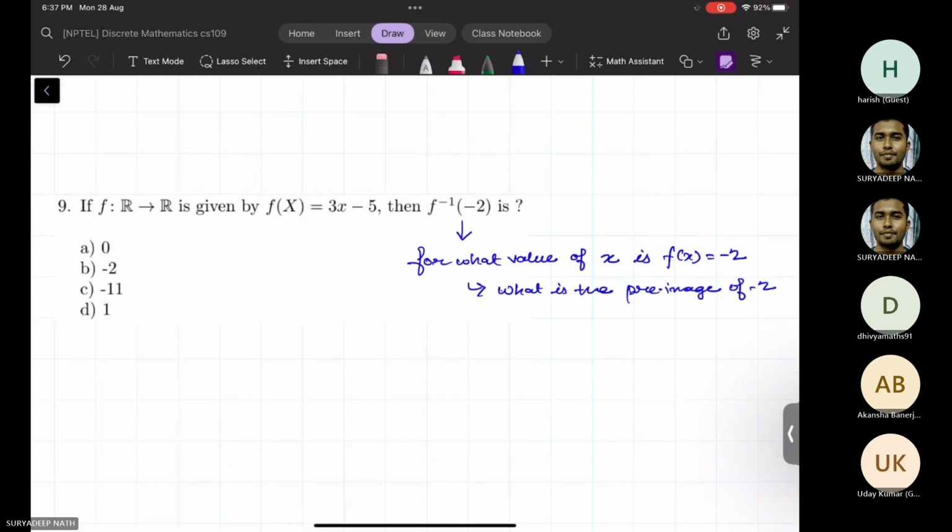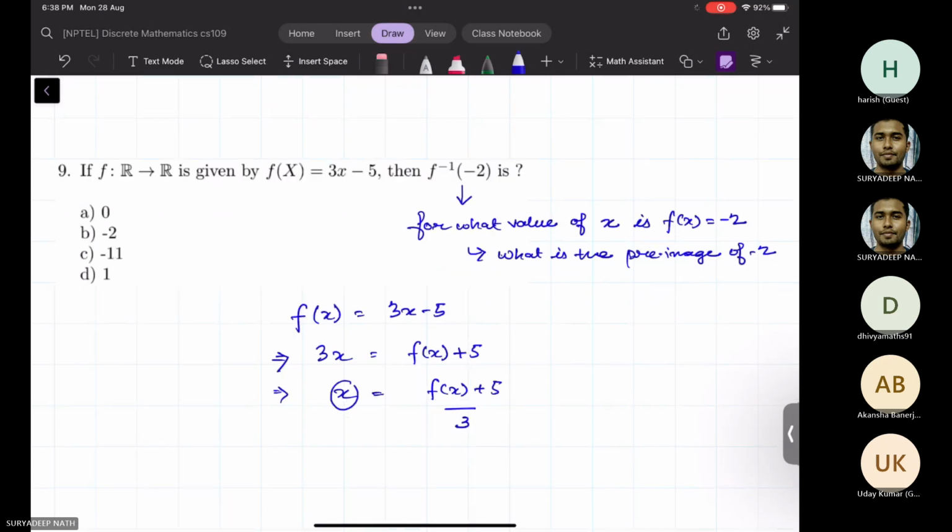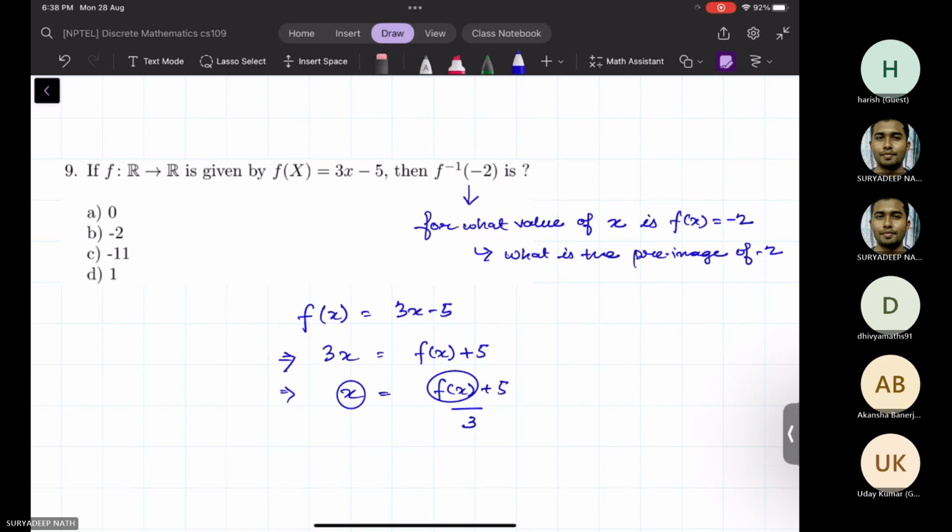So how to find it? It's again pretty straightforward. You have f of x as 3x minus 5. If we rearrange this, we have 3x as f of x plus 5, or x as f of x plus 5 by 3. So this is the x and this is your f of x. If we plug in f of x on the right hand side, we get back x.